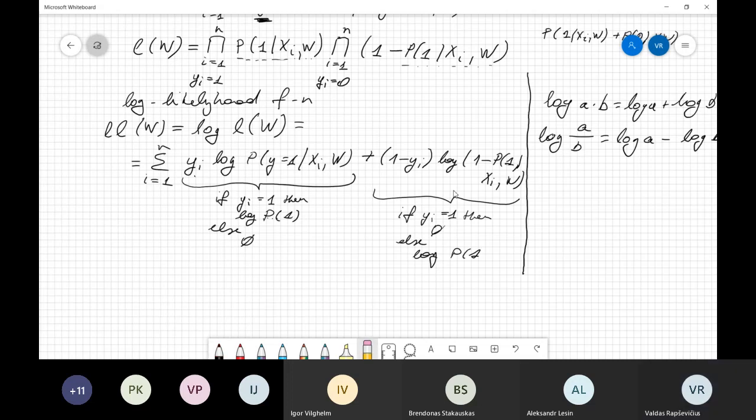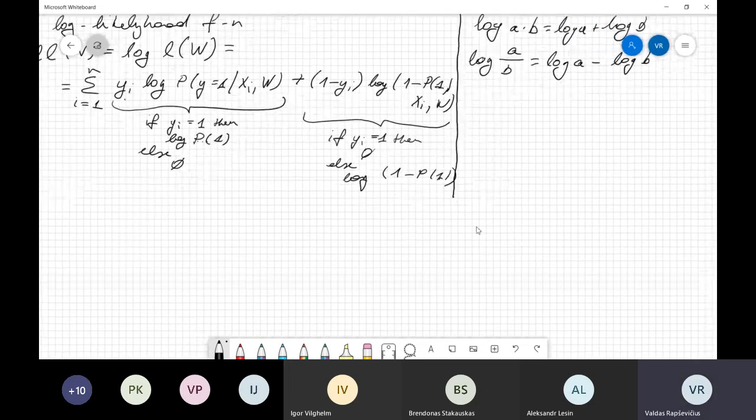Sorry, log, oh, it started working. Log 1 minus p1. Okay, so basically it's p0. So this way we make sure that the actual class determines which part of this equation is actually being evaluated.